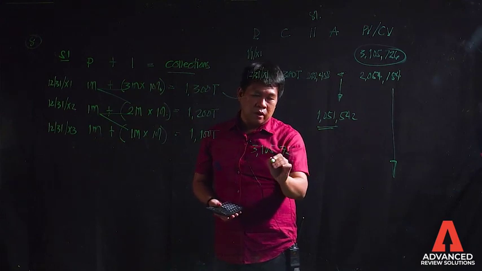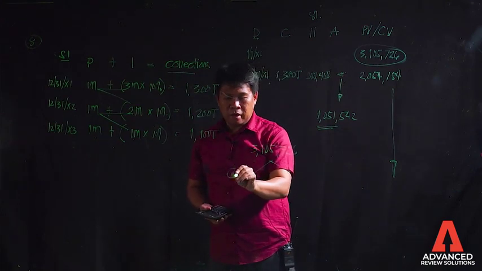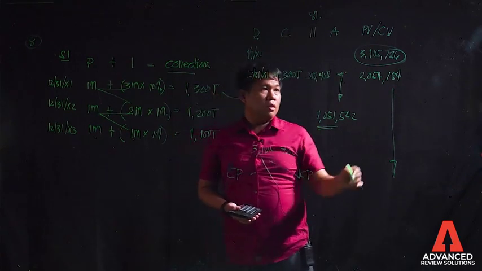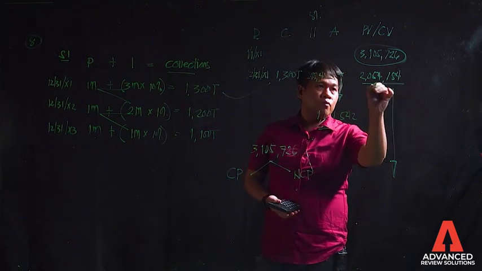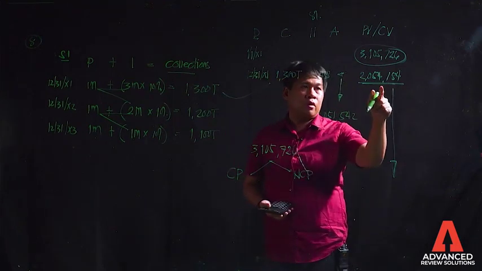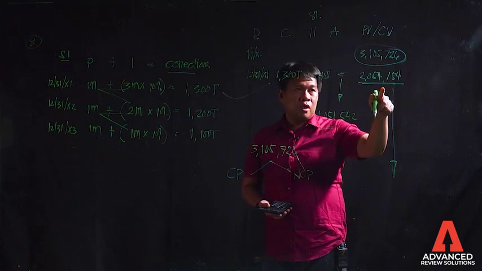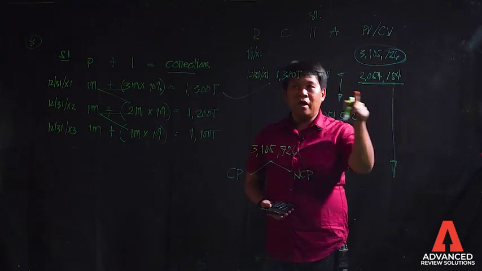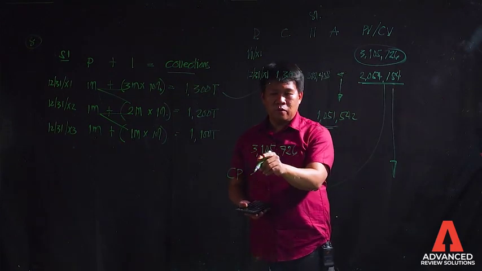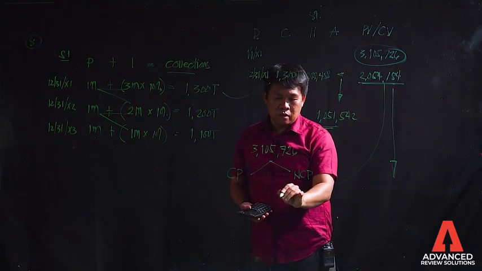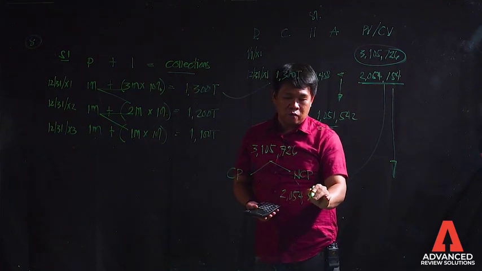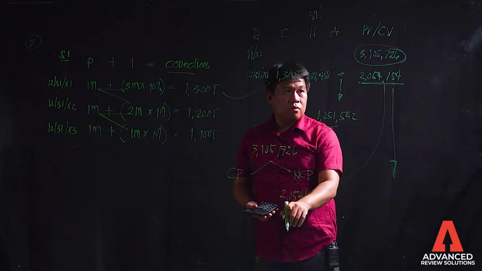Ulitin natin. This 3,105,726 has the components of current portion and the non-current portion. And this 2,054,184, this is the carrying value as of December 31, 20x1, this is the non-current portion of 3,105,726. Okay?